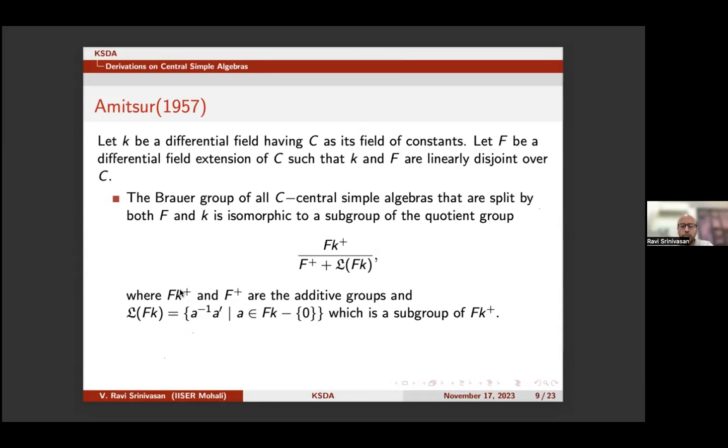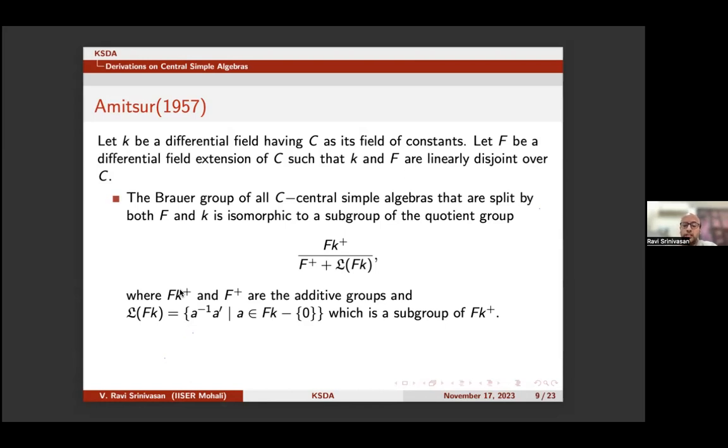So he then proves that the Brauer group of central simple algebras which are split by both F and K is going to be this quotient group, where FK plus is the additive group, and this L of FK is the set of logarithmic derivatives, which is again an additive group.